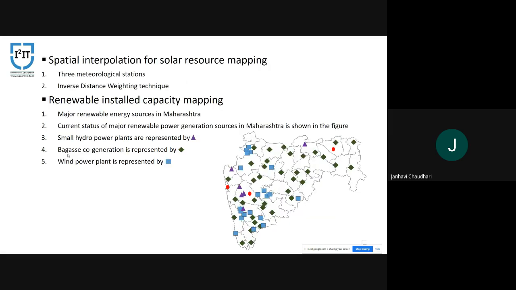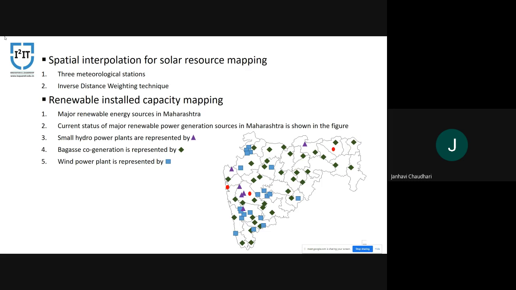Spatial interpolation of solar resource mapping. There are 3 meteorological stations identified, in Pune, Mumbai, and Nagpur. Renewable installed capacity mapping.